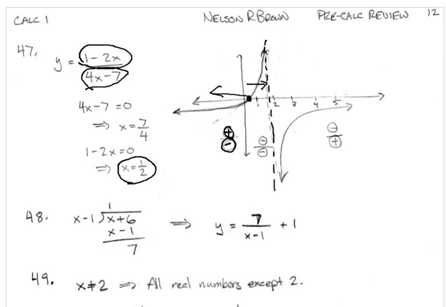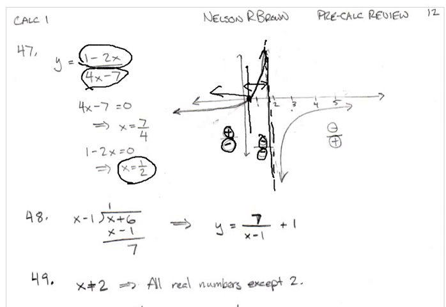Between x equals 1/2 and x equals 7 over 4, the numerator will always be negative, and the denominator will always be negative. So a negative over a negative gives us a positive, which gives us what our function looks like between 1/2 and 7 fourths.